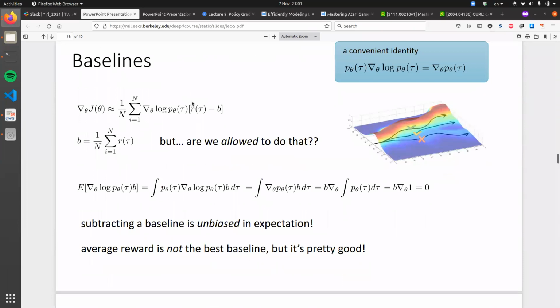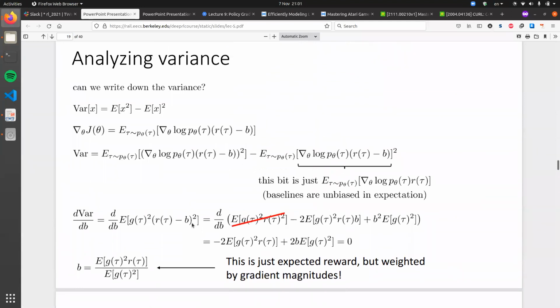For the optimal baseline, we can analytically derive a baseline that minimizes variance, and that would depend on the parameters. We would weight it by the magnitudes of the gradient, but this is not done often in practice because it complicates things way too much.